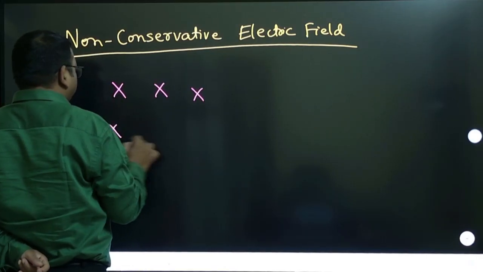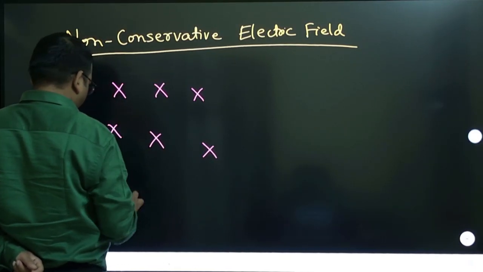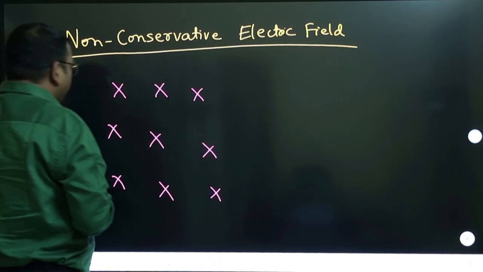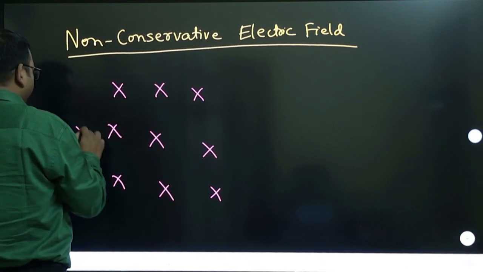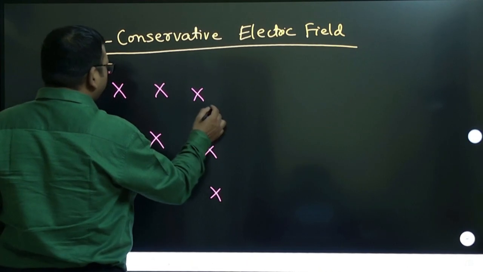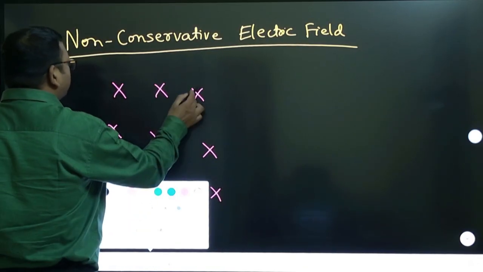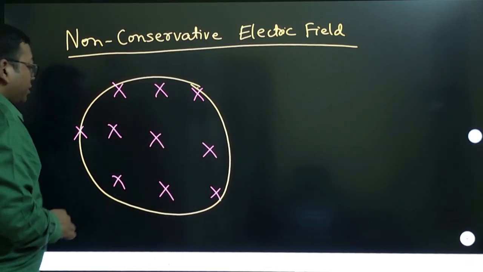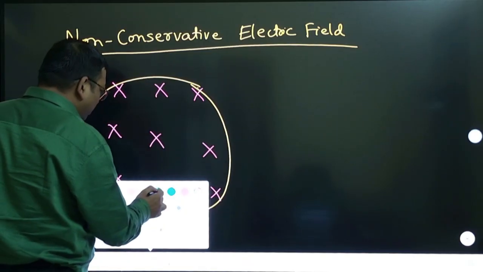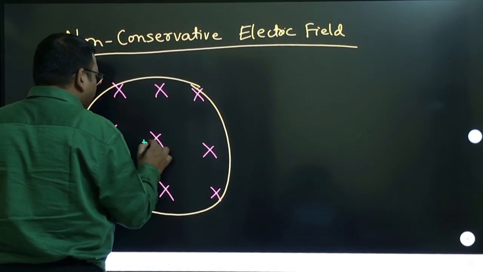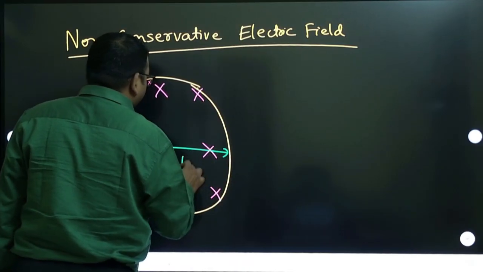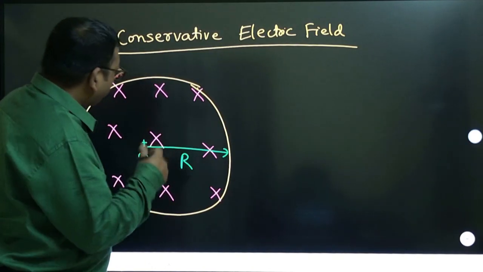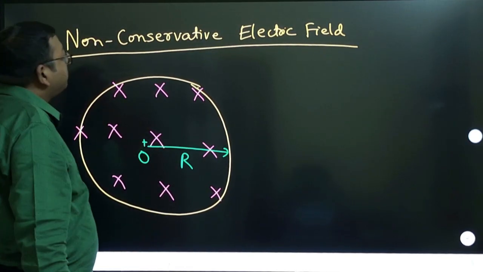Suppose there is a magnetic field, and you also assume that the magnetic field is in the form of a circular region. So we have a circular region in which the magnetic field is present, shown by crosses, with this as the center and this as the radius r. Cross means the field is going inside.